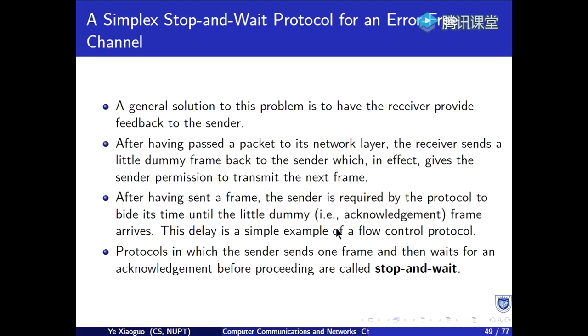After having sent a frame, the sender is required by the protocol to bide its time until the little dummy frame arrives. This delay is a simple example of a flow control protocol. Protocols in which the sender sends one frame and then waits for the acknowledgement before proceeding are called stop and wait.